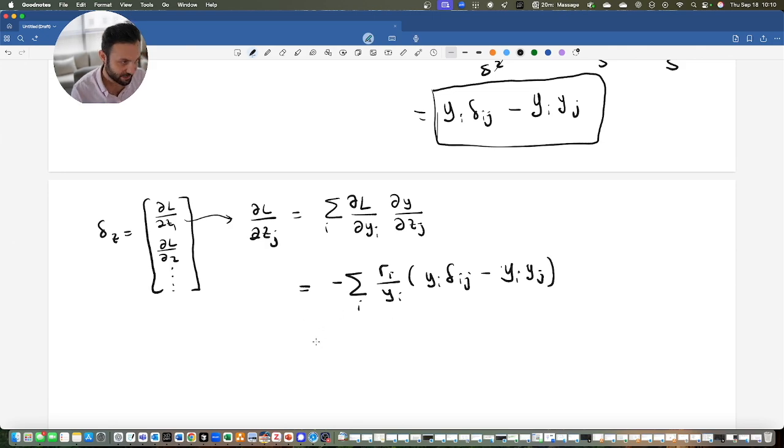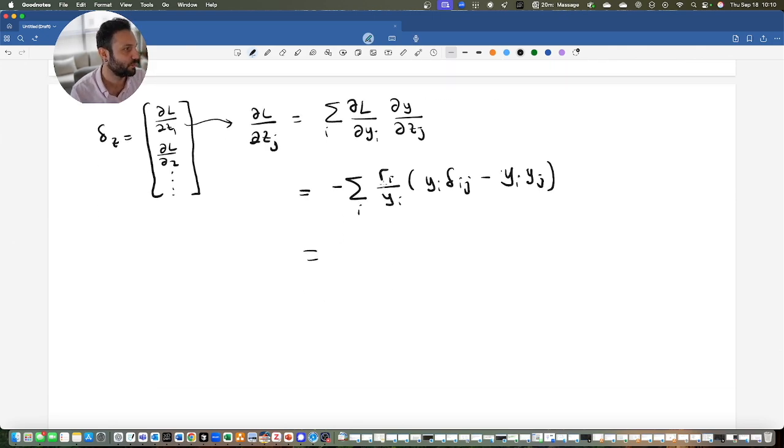And let's do some work. If we distribute, I have negative summation over all of the i's, ri, the yi's cancel each other, delta ij, and one negative here, another negative comes here, and it becomes plus, summation over all of the i's, ri, the yi's cancel each other, yj.